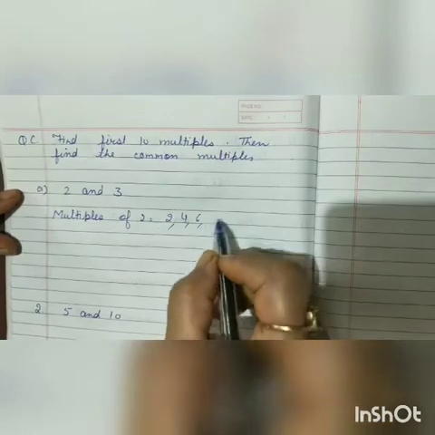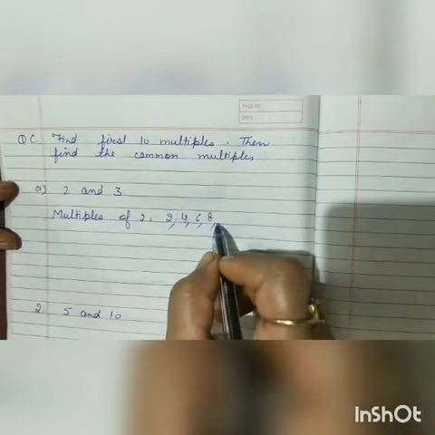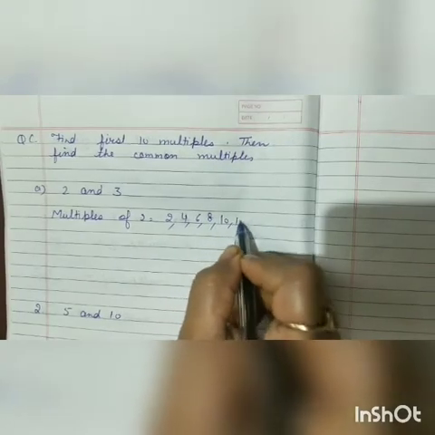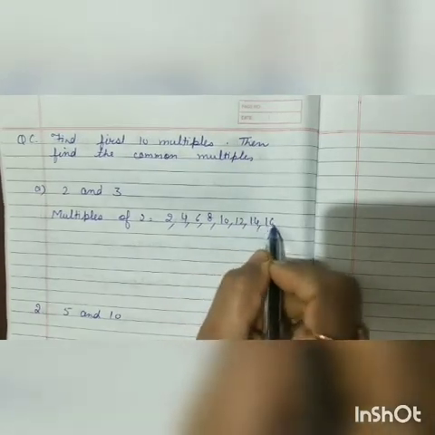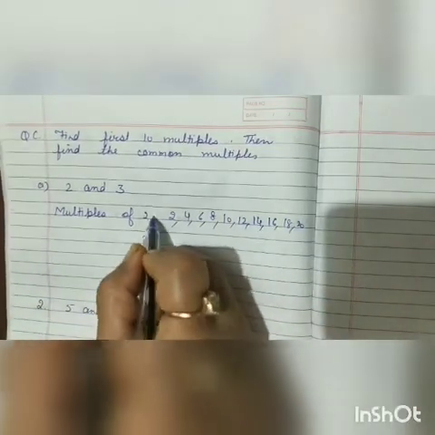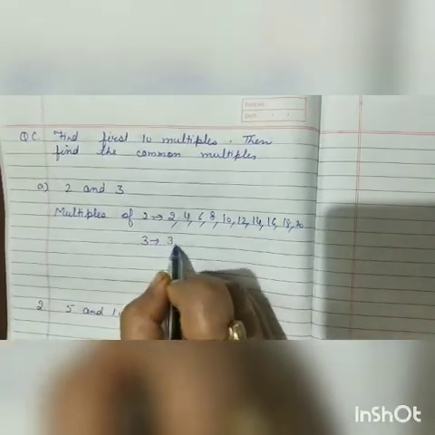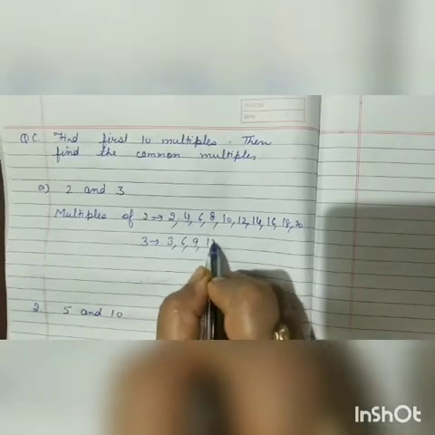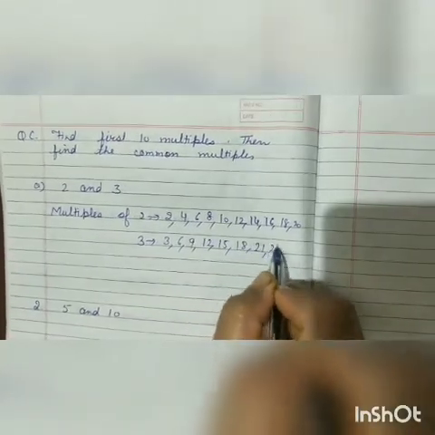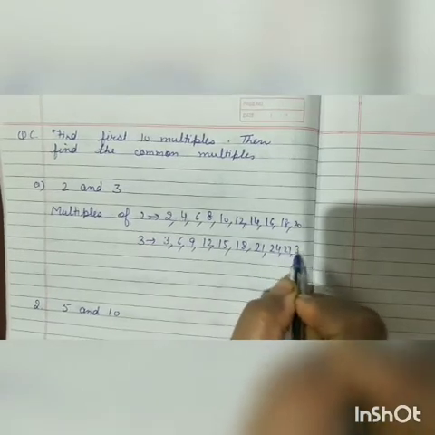We have to write 10 multiples, so I will write tables till 10. 10, 12, 14, 16, 18, 20. Now multiples of 3 are 3, 6, 9, 12, 15, 18, 21, 24, 27, 30.